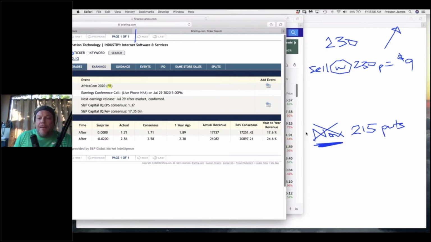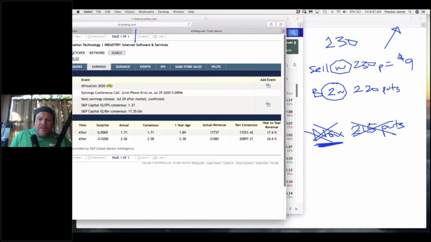So I want to get out of November, move it and buy like 2 weeks out. So I'll just do 2W, 2 weeks out, and they're going to cost a lot less, which means I'm always looking to up my strike price. So if I take the November 215s out and replace them with 2 week out, maybe 220 puts, they're $10 out of the money.